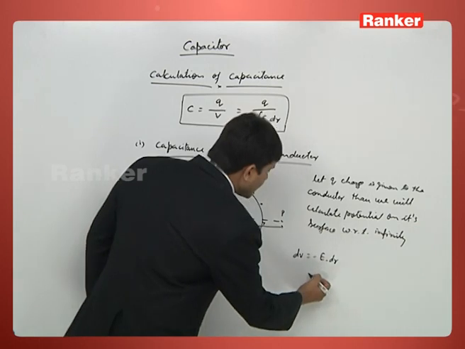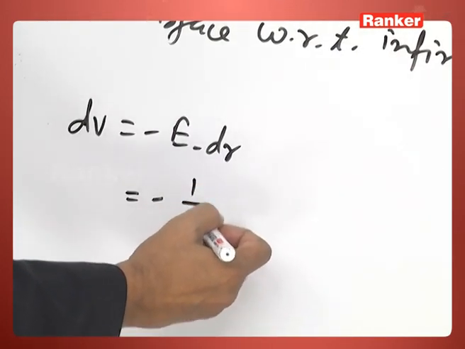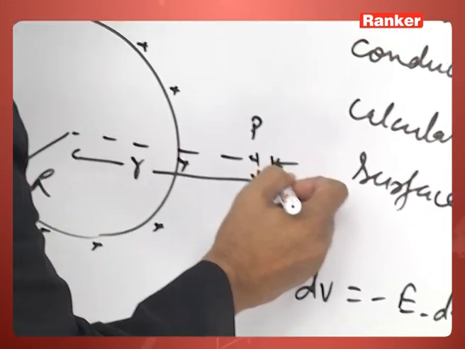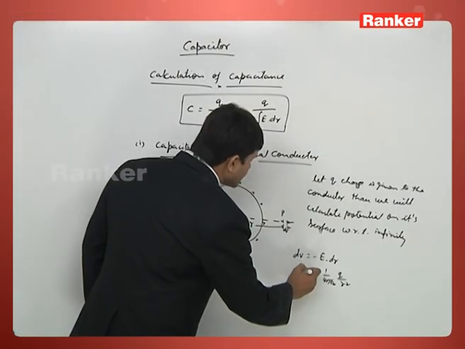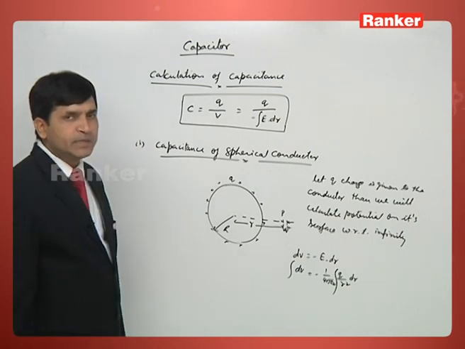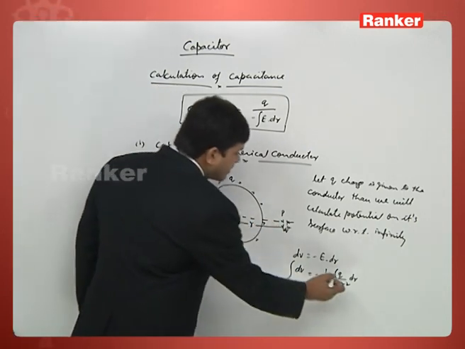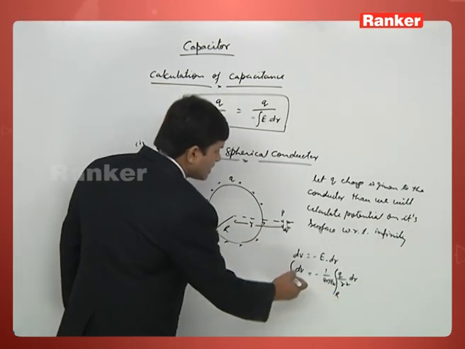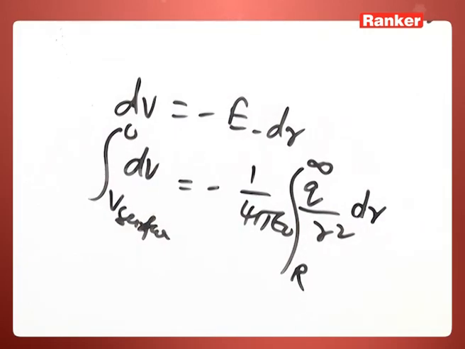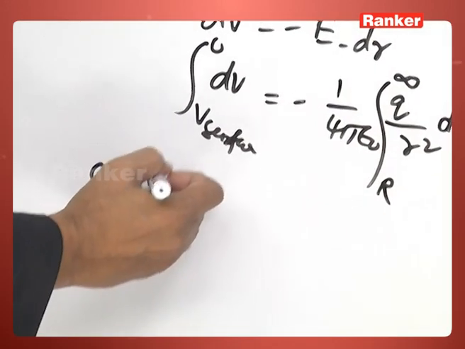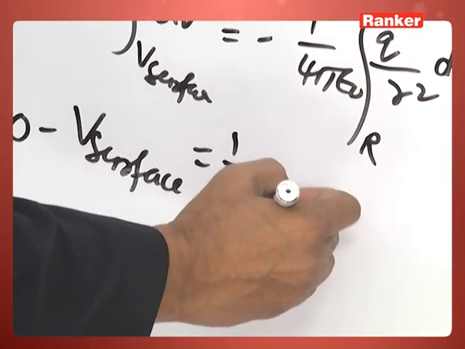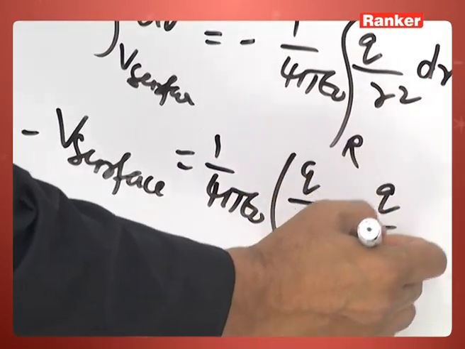At that point the electric field is 1 by 4 pi epsilon naught Q by r square, and this is a small distance dr. Over this distance dr, the change in potential is dV. Then we integrate, with limits from the surface, r equals R, where the potential is V on surface, to infinity, where we assume the potential is 0. So 0 minus V on surface equals 1 by 4 pi epsilon naught times (Q by infinity minus Q by R).